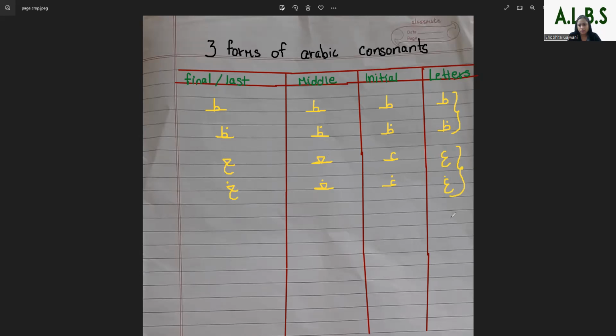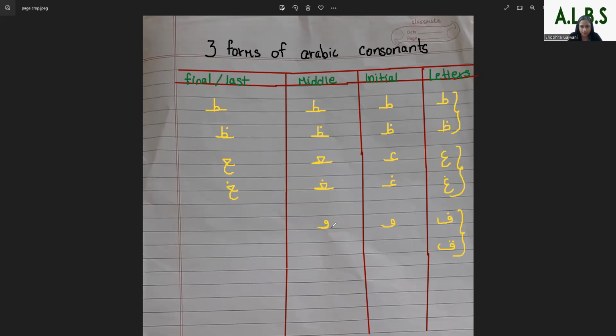Now the letters Fa and Qaf. These two also form one family. Initial one, it is like this.